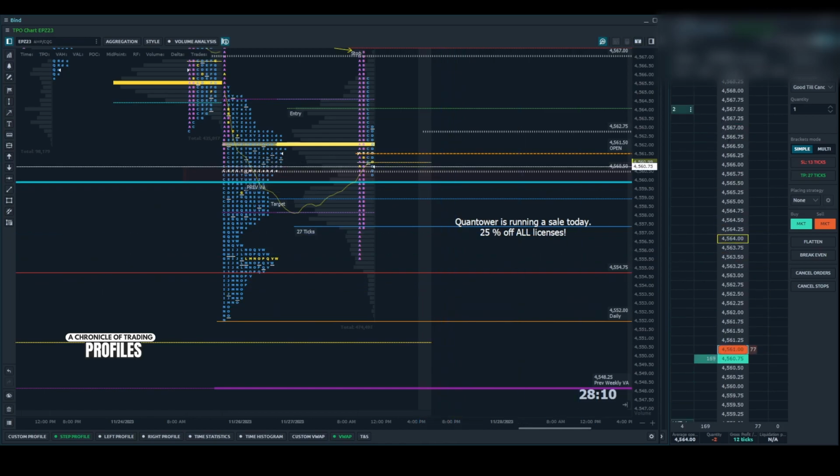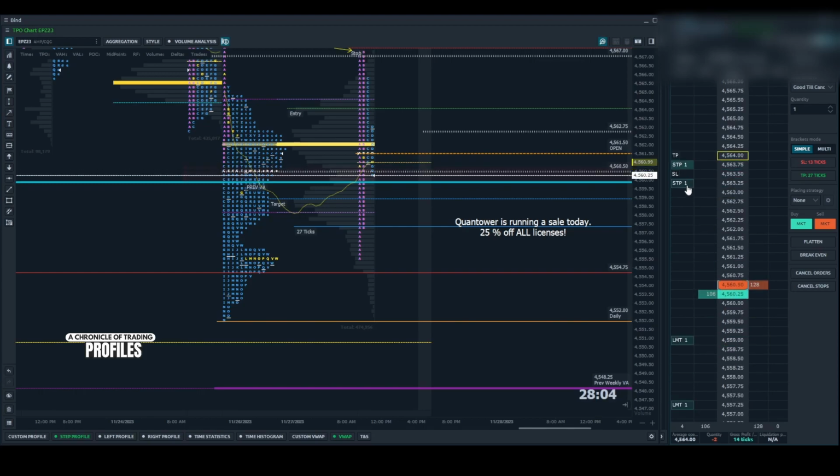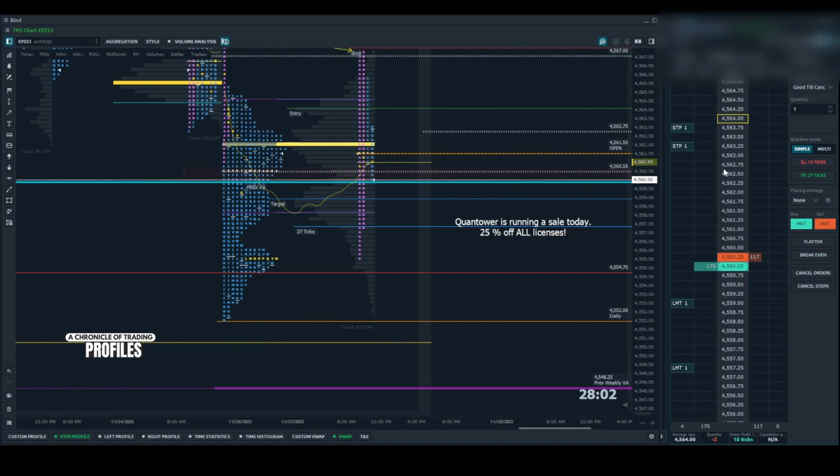I think you can protect this now. I don't want to be in this trade if we're going to bounce all the way back up here. There's the 60. You can see it's kind of hesitating in this low volume node.